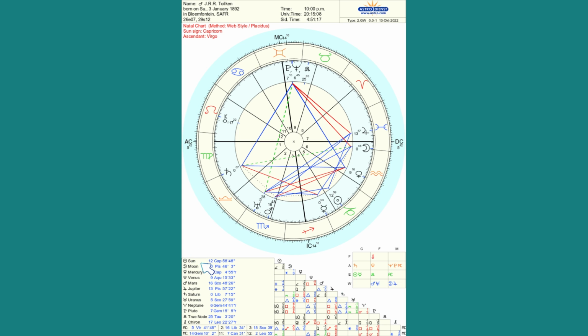So the arrow is pointing over to the sun. And if you go down the line, these are the planets that are located in the chart. Next to each planet will be the sign that the planet is in and the degree that the planet is in.